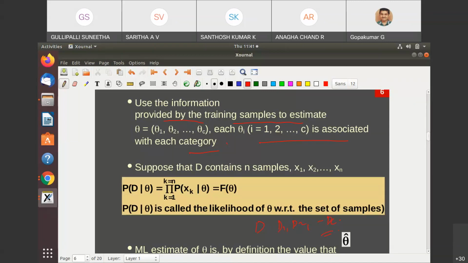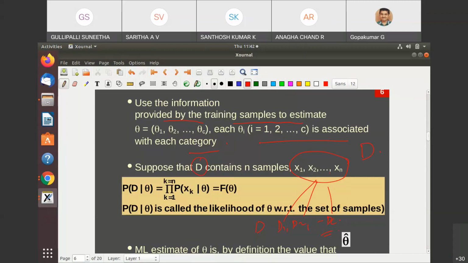Considering that, suppose D contains samples x1, x2, etc. up to xn. So we are taking one of these as capital D, and we assume that there are n training data samples present in a single D.